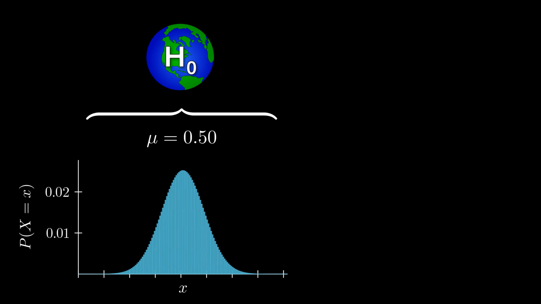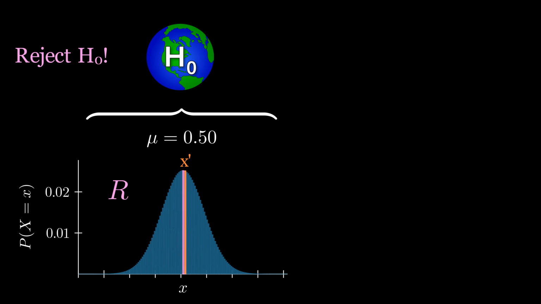So we have to compare our observed data, x prime, to this null distribution. To compare, we'll define some region of this distribution as the rejection region, call it R, so that if our observed data x prime lies within the region, we'll reject the null hypothesis, and if not, we'll fail to reject.